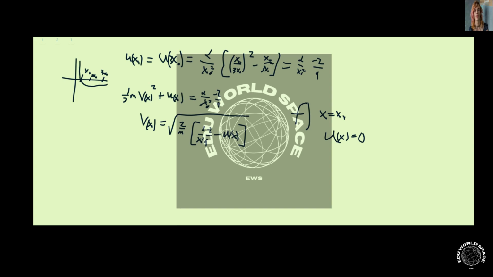Well, let's find the maximum value. Because of conservation of energy, it's going to have a velocity that's positive as it moves to the right. But at some point, it's possibly going to reach a maximum value and go back. So let's see if there is a point like that.